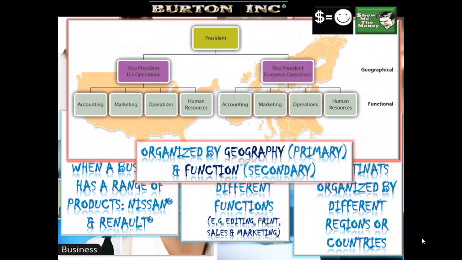So here's an example. We have got the US and we've got the European operational divisions. A vice president in charge of both, and within those different geographical regions then we've got an organisation by function. So geography we say is primary, and a function is secondary to these two locations.